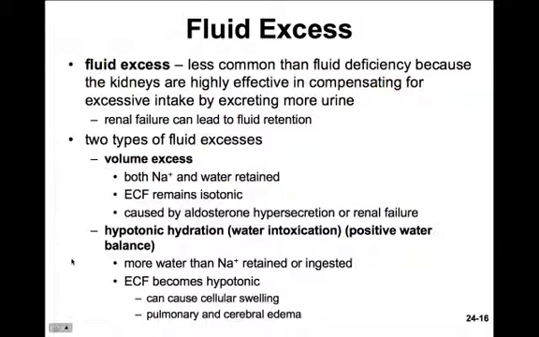Volume excess, again, is about having water and sodium retained, so the extracellular fluid is going to remain isotonic. Usually this volume excess can be caused by aldosterone hypersecretion or renal failure. So we're not getting enough water out through the renal corpuscle, or there's too much water being retained, recaptured.